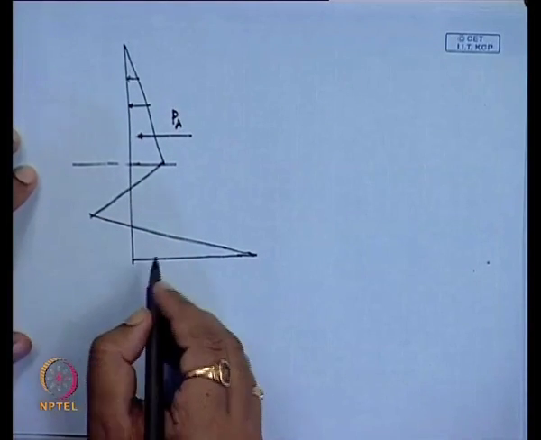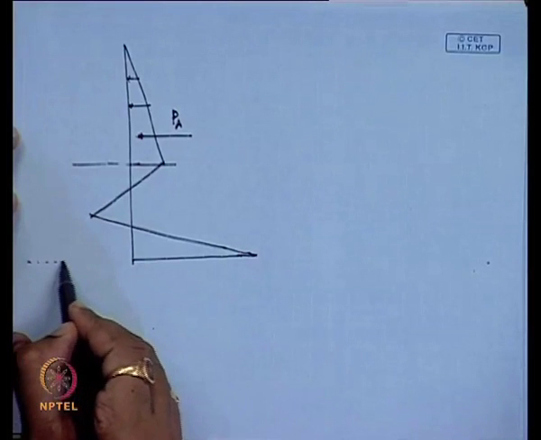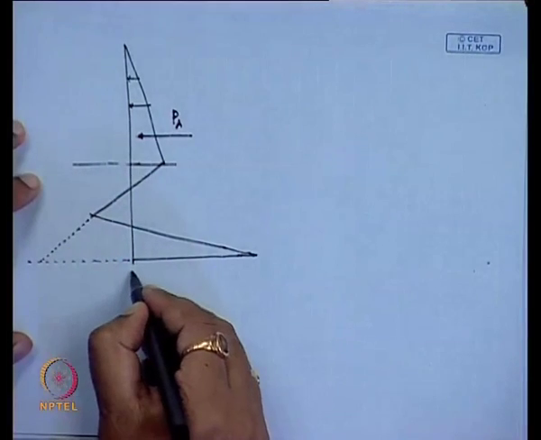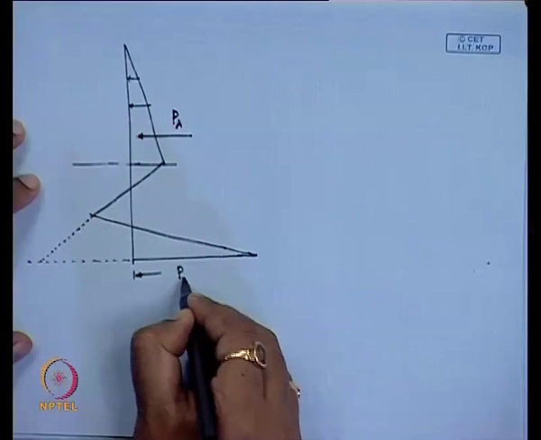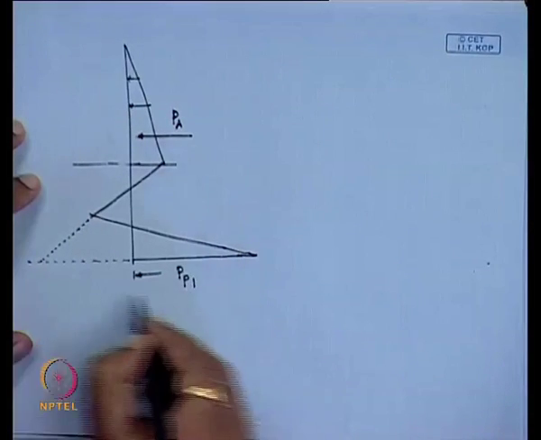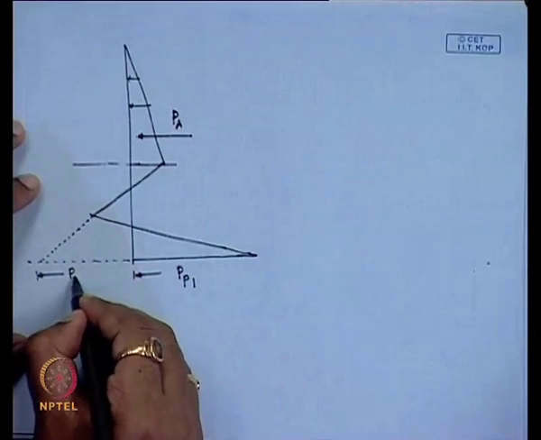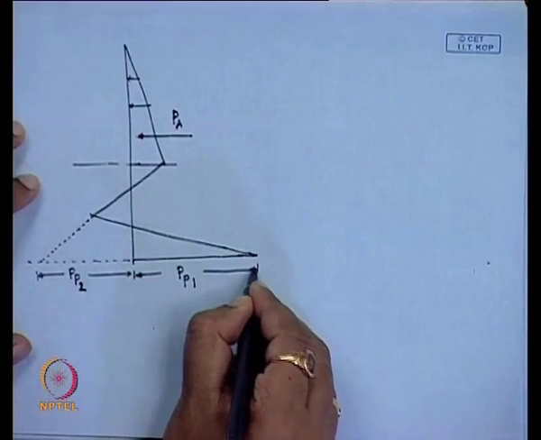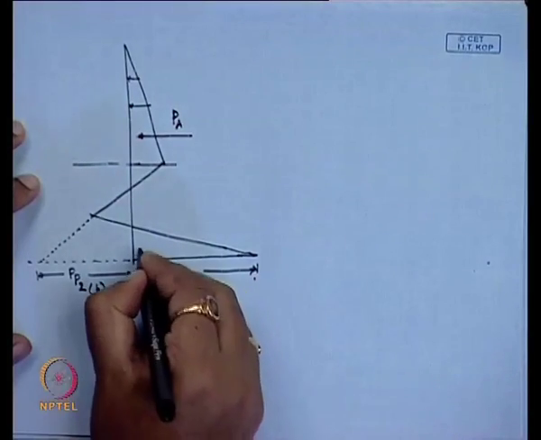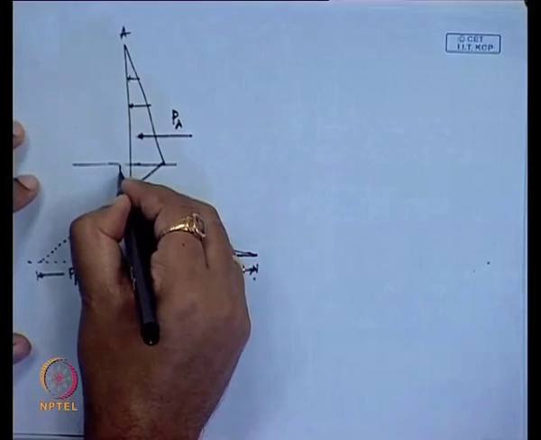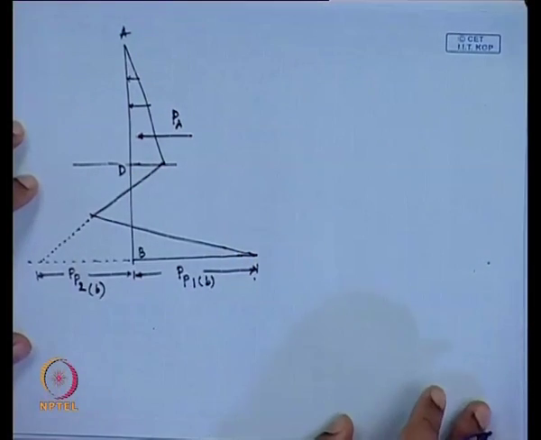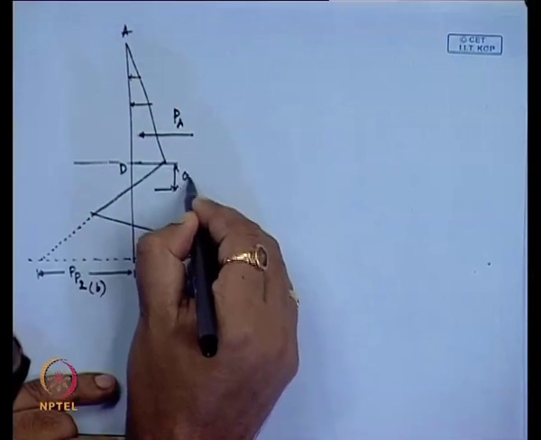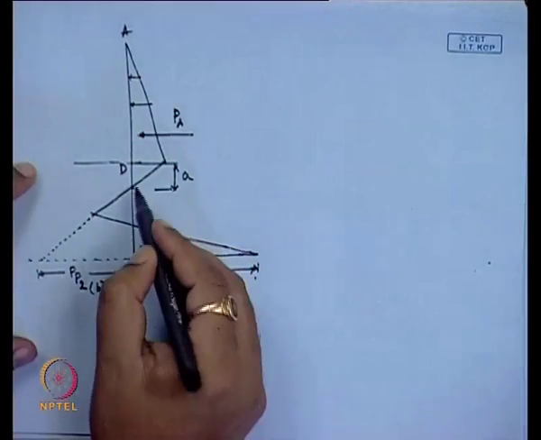Now, to simplify further, we will extend this line, and we consider that this is P 1 and this is P 2, or you can say suffix B, because this is acting at B. Now, this distance is A from the dredge line, where the diagram first crosses this sheet pile.